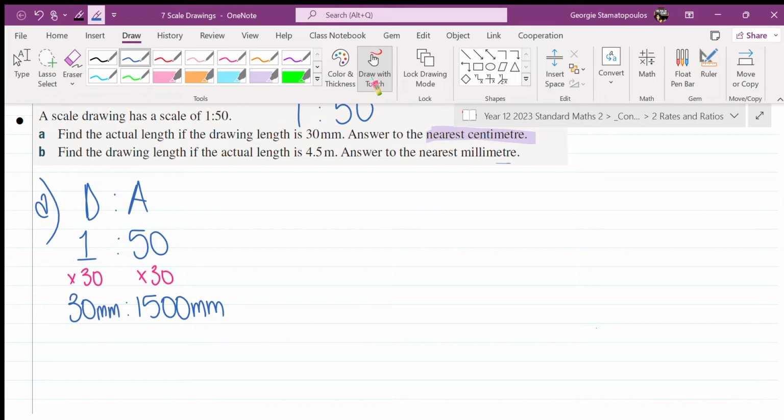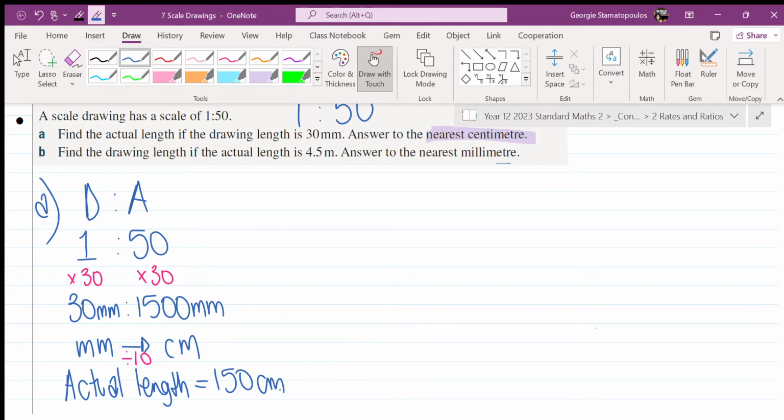Millimetres to centimetres, divide by 10. That's a really dodgy 10, so we'll turn it. So the actual length is 150 centimetres.